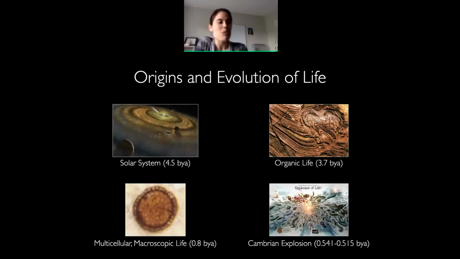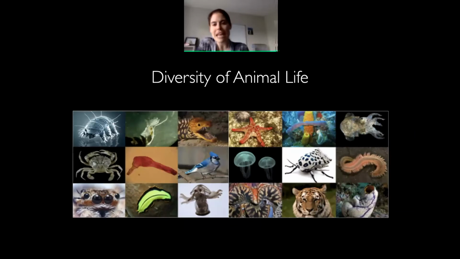And that's when we really start to see animals in particular exploding in terms of their morphology and the environments that they invade. And we have many extant examples of diversity, an extraordinary variety of forms and shapes of animals, and these are just a few that I've pulled up from the internet.